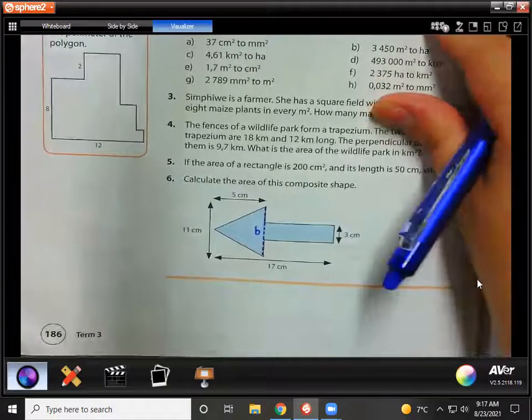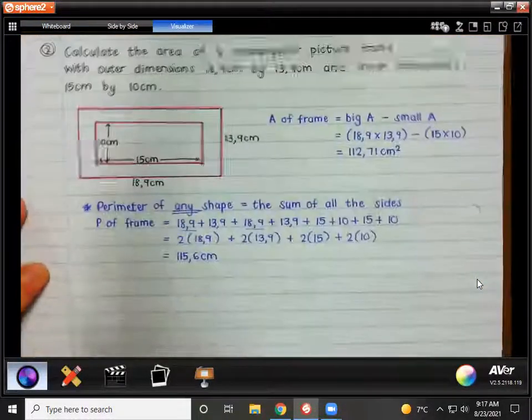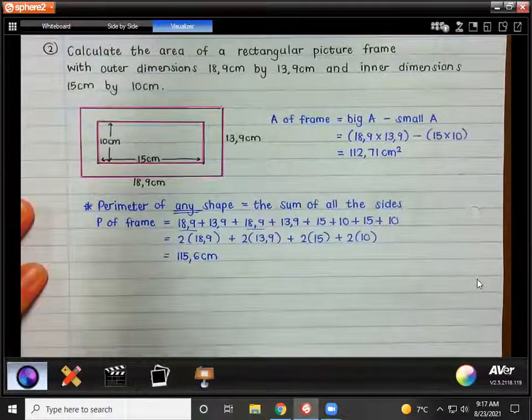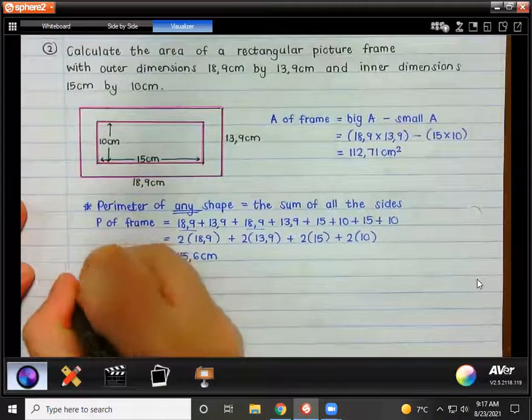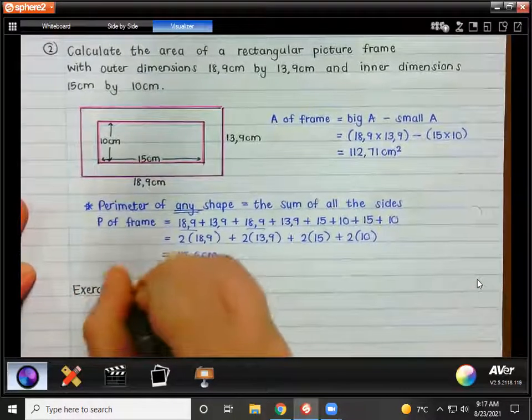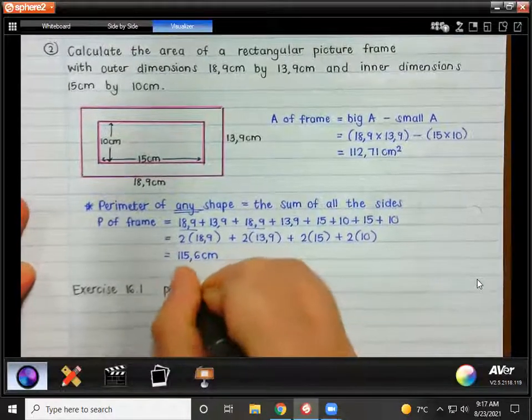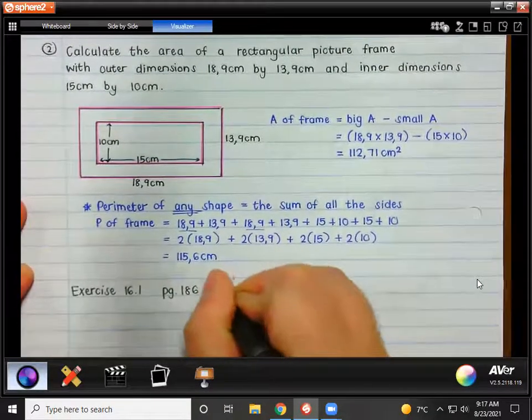So I'm going to give you this one to do. I just want to write down the numbers. That's the only question from that exercise, exercise 16.1. And I'm going to give you some from a different exercise. This one is on page 186, number 6.